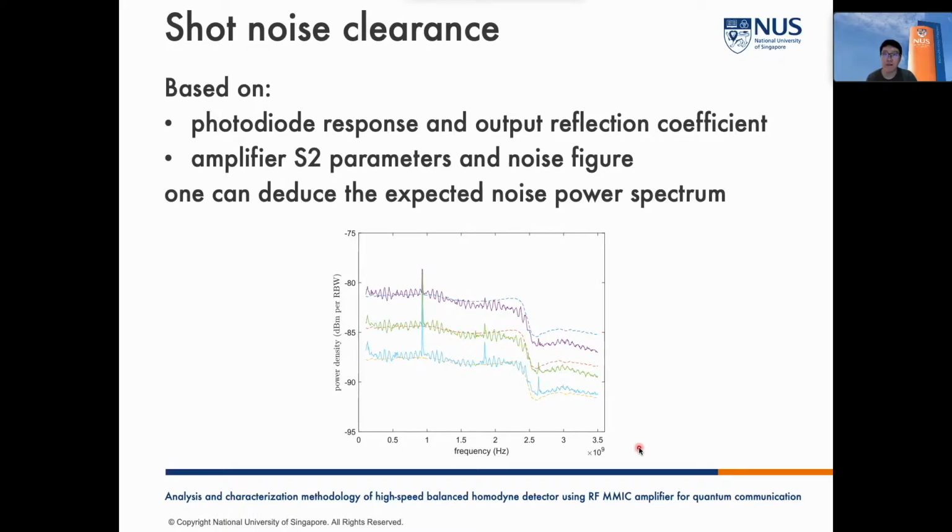Other than that, we can also characterize the noise figure of the amplifier, and together with the S parameters, the response of the photodiode, and the output reflection coefficient of the photodiode, one can predict the noise spectrum, either the electrical or the quantum shot noise spectrum that we will get in the experiment.